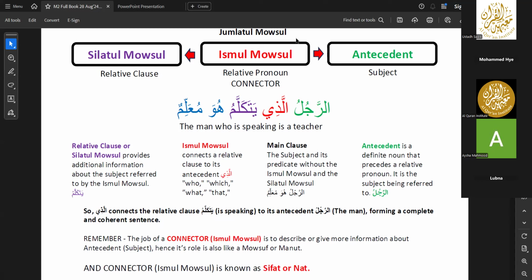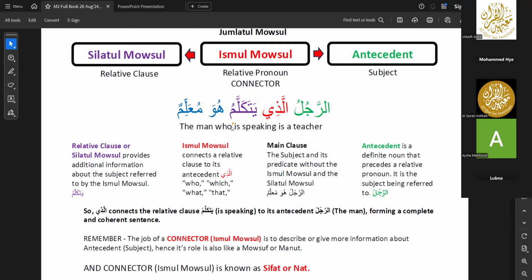So let me just get my pen out. It's important how they're connecting. I will choose a different color today. So we have the silatul mawsul here, the relative clause, and when it provides additional information, the additional information is speaking.